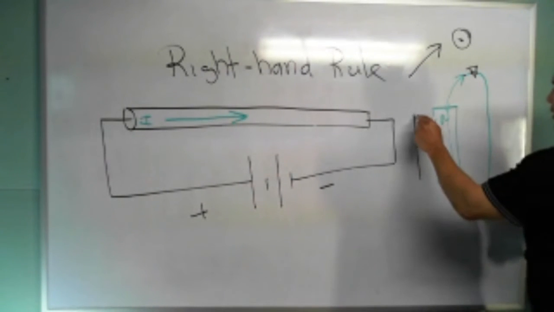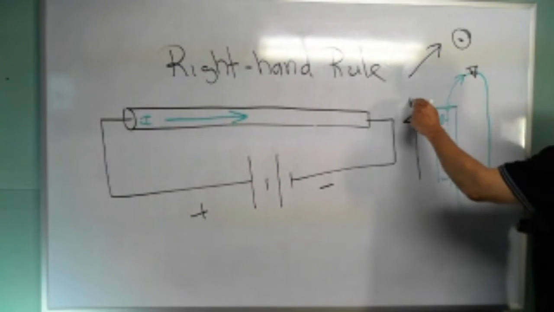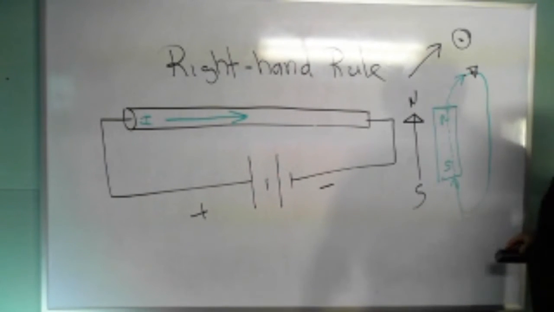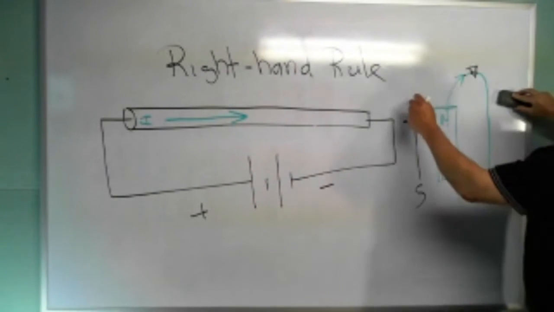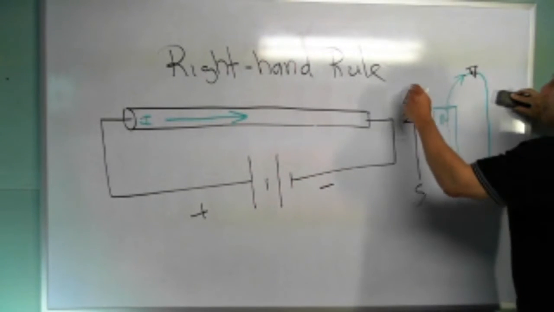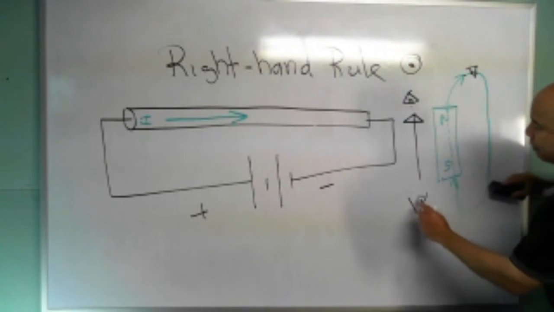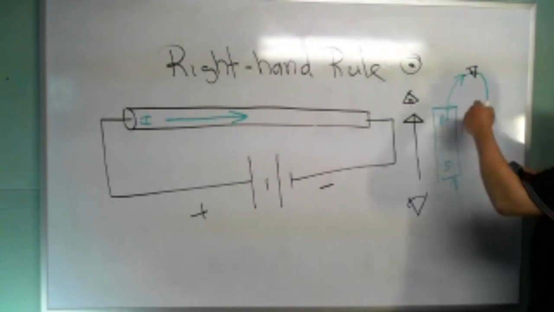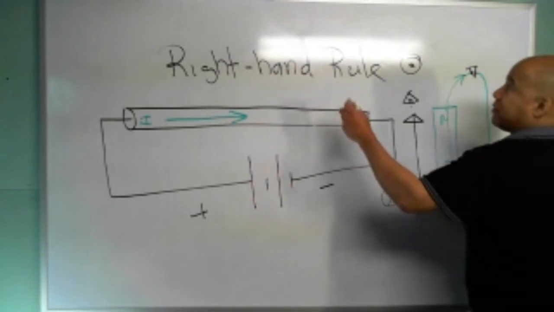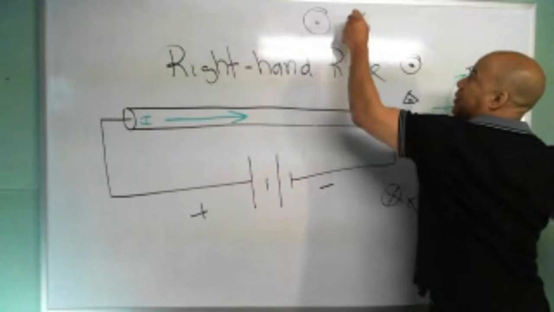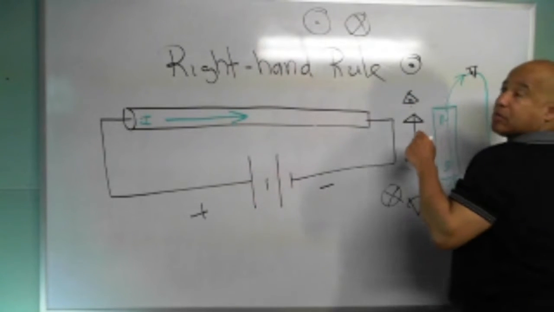I'm going to represent the arrow, and that north pole is right here, and that south pole is right there. If you're looking down at this north pole, this is your eyeball, and what you see is this. If you're looking up at this south pole, you see the magnetic flux going away from you. What you see is this. So I'm making use of this dot notation. This is now north pole. This is a south pole.